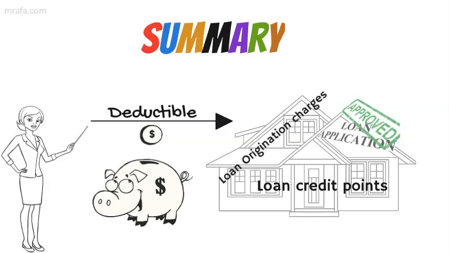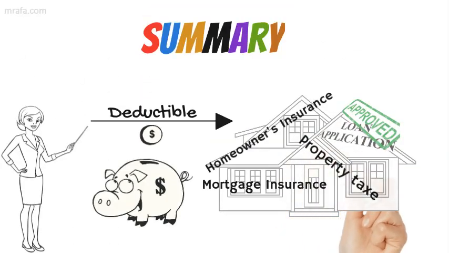So if the term of the loan is 30 years, you divide that by 30 years, and that's how much you can deduct on your tax return yearly. Then on section 1000, you can deduct the entire charges here: the homeowner's insurance, mortgage insurance, property taxes, and basically whatever you deposited to the escrow account that was used for the year to pay for these, you can deduct this on your tax return.